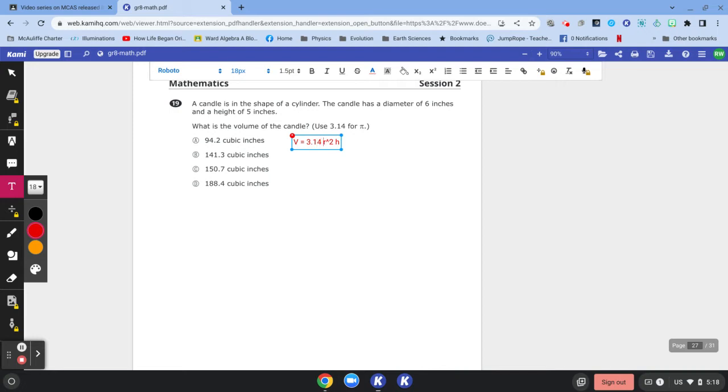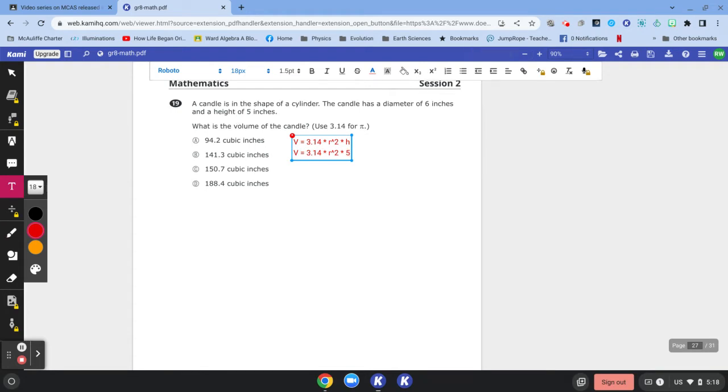Now, what are we going to use for radius? Okay, and what are we going to use for height? Okay, so copy all that down here. Okay, the height we've been given. The height is 5 inches. So we'll replace height with 5.